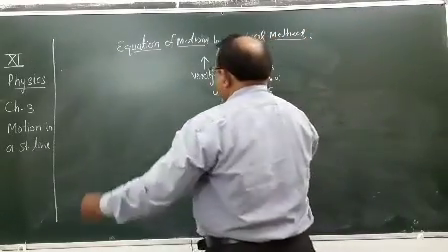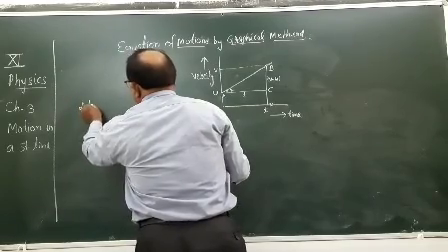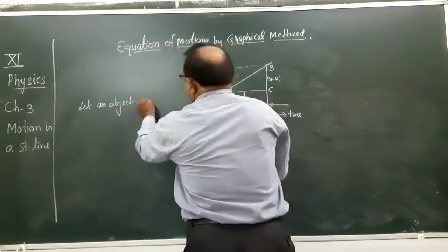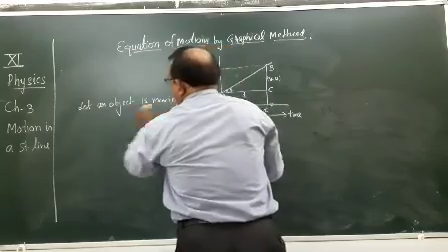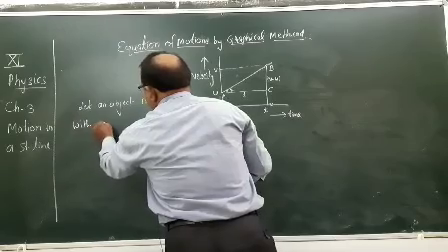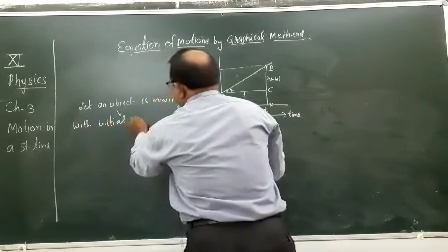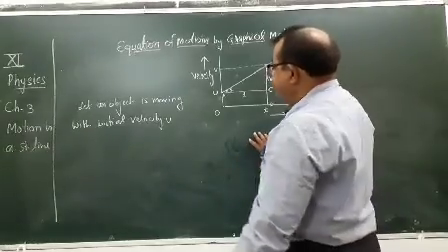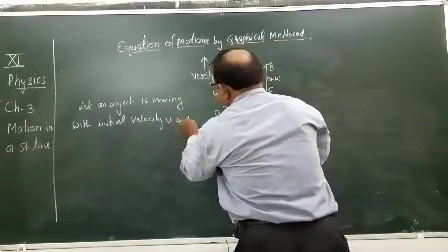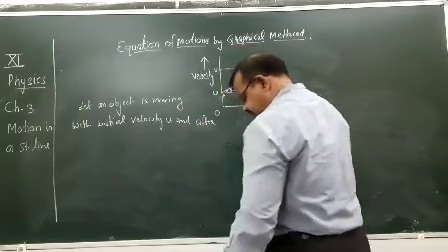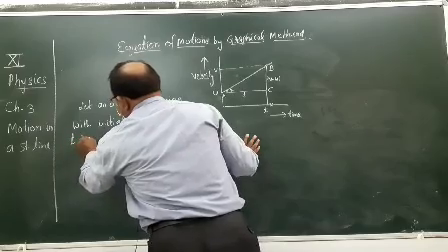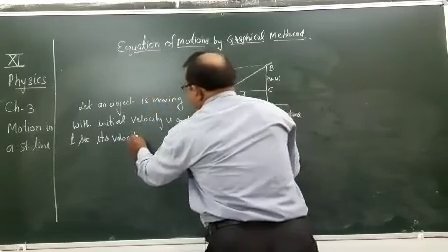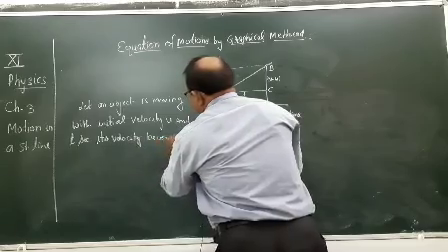Write down here. Let an object is moving with initial velocity u, and after t second its velocity becomes v.